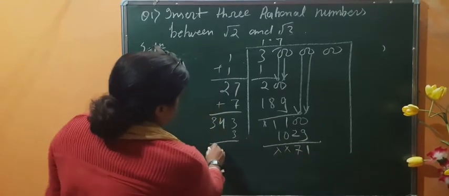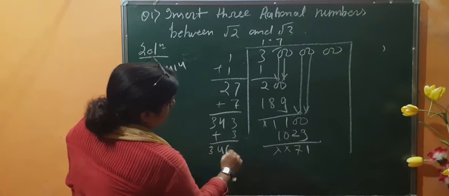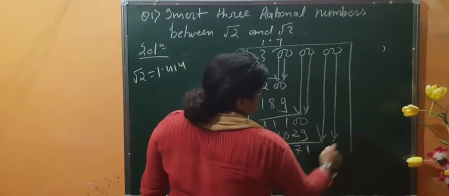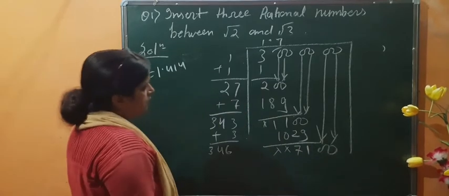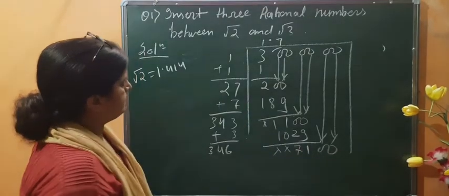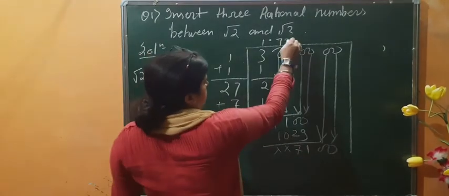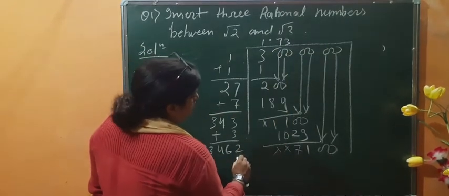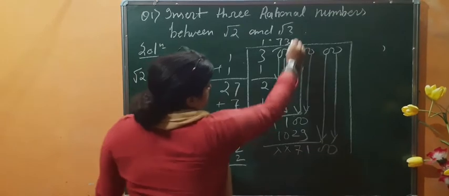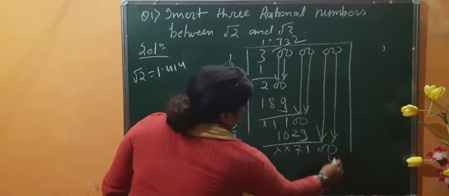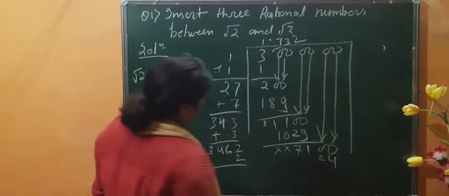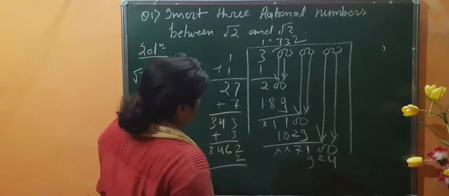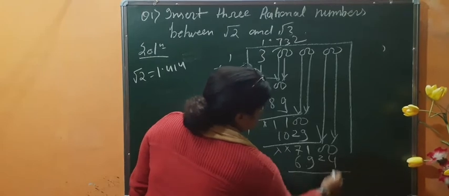So here, we will add this side, it is 71, and now both zeros are here. Now we haven't written 3 here, so we have written 3. Now 2: 2 twos are 4, 2 sixes are 12, 2 fours are 8 and 1 is 9, 2 threes are 6.